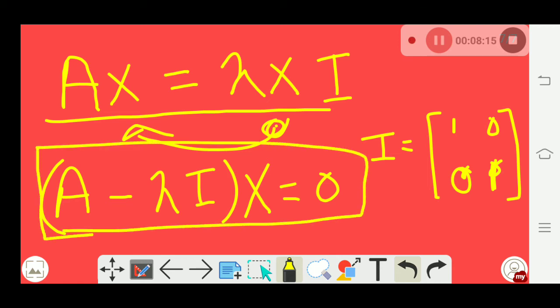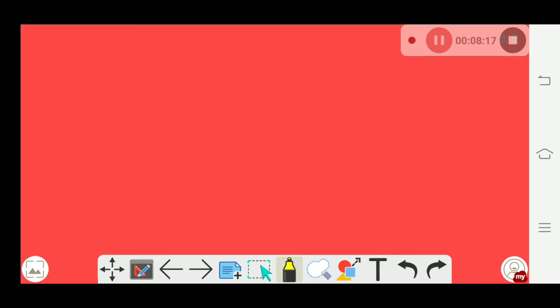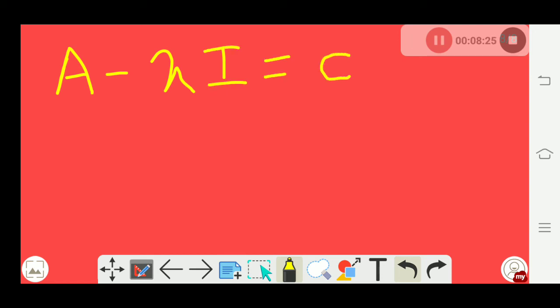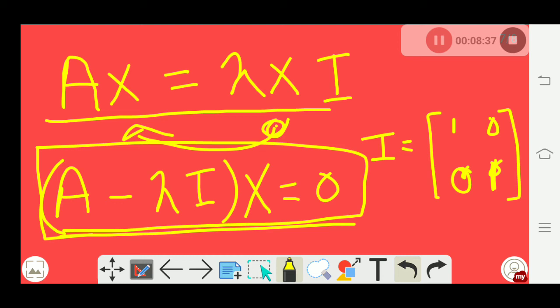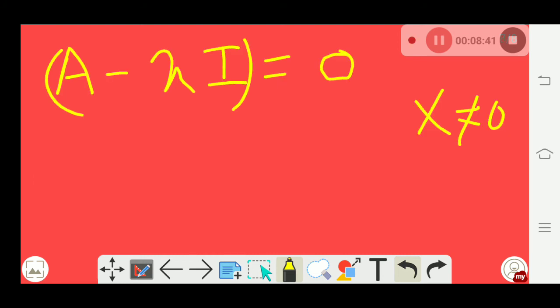In the previous page we got A minus lambda I times X equal to 0, and X can't be 0 since it's the eigenvector, so A minus lambda I should be 0.